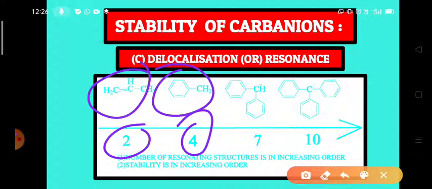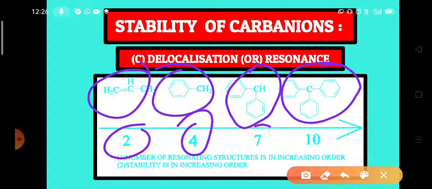In a similar way, this is diphenyl methyl carbon ion and this is triphenyl methyl carbon ion. In a diphenyl methyl carbon ion, 7 resonance structures are possible, and for the triphenyl methyl carbon ion 10 resonance structures are possible.